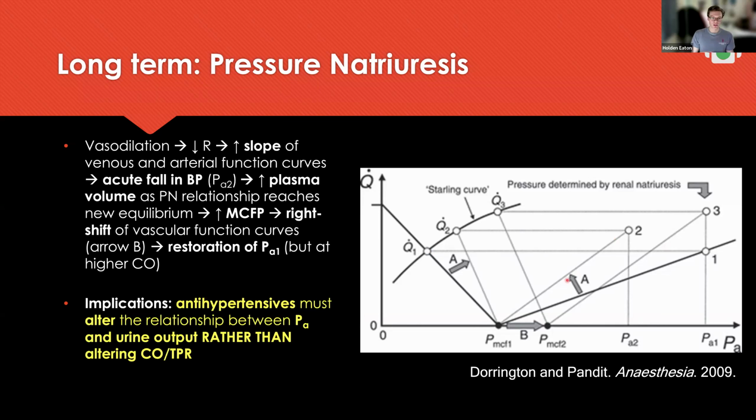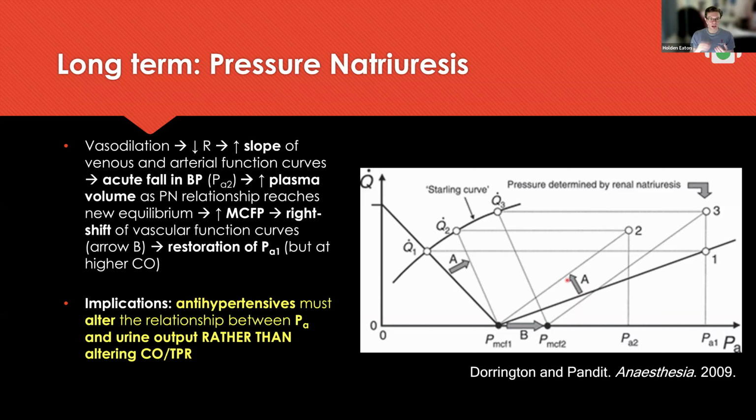Because vasodilation changes the volume that both arterial and venous systems can hold on to, and therefore changes the slope, the relationship between cardiac output and pressure. And the formulas in this Dorrington and Panda paper kind of show you why the gradient changes. So it's useful looking at that.